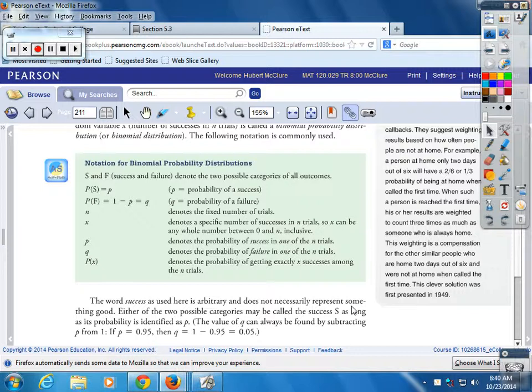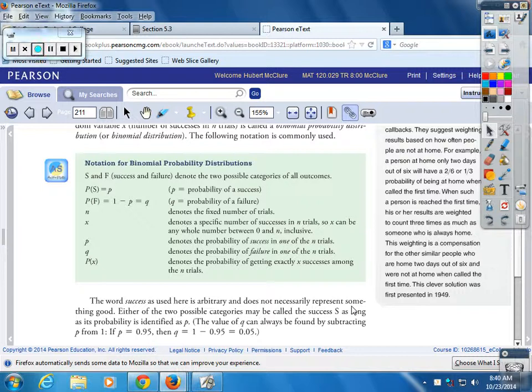That's P. What's Q? Q would be 58% or 0.58. What is N? I flipped it 50 times. X denotes a specific number of trials. You could put a what if out here. What if I flipped the coin and I wanted a 40% probability or 0.4? What is my probability of getting tails 40% of the time with that same coin? That's what X is. So you can put a what if out there.